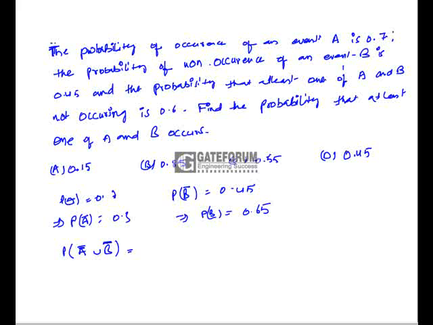It is given as 0.6. We know that P of A bar union B bar is equal to P of A intersection B whole bar.